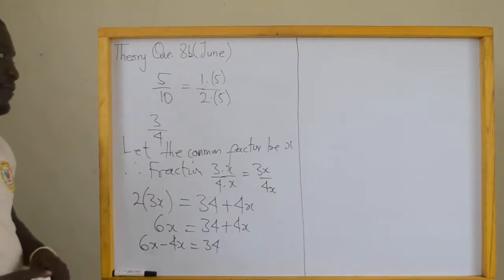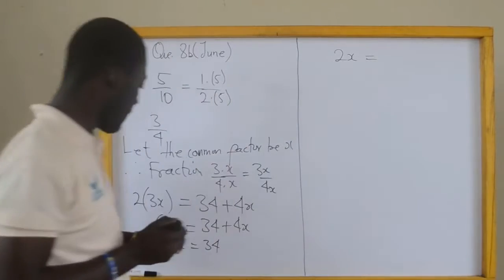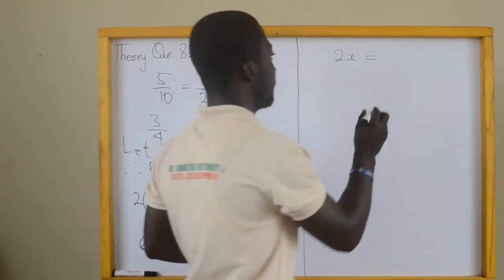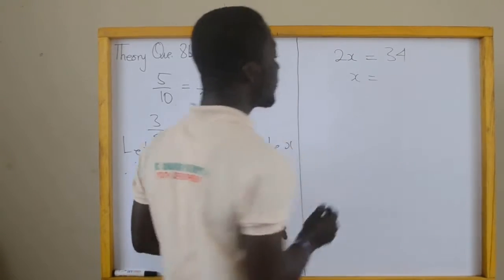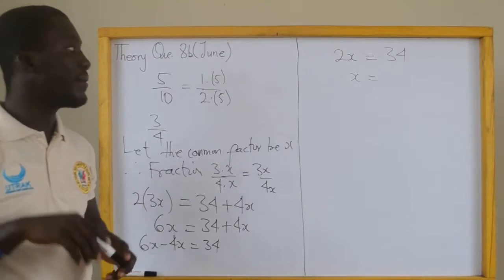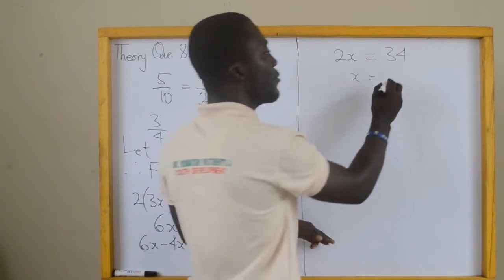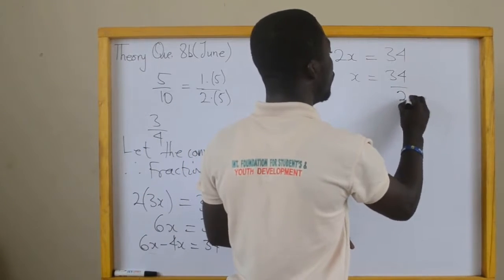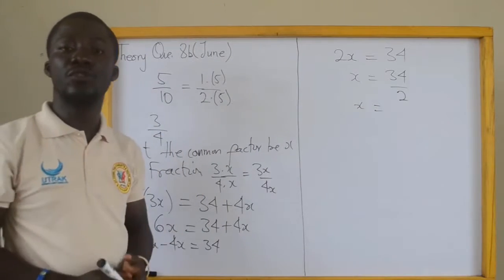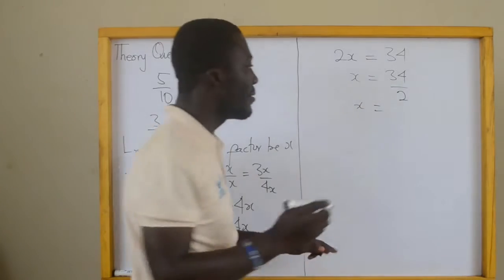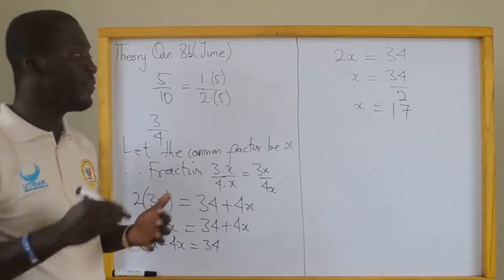So 6x minus 4x is 2x, which is equal to 34. Then we divide both sides by 2, so x equals 34 over 2, which is 17. So 17 is the value of x.